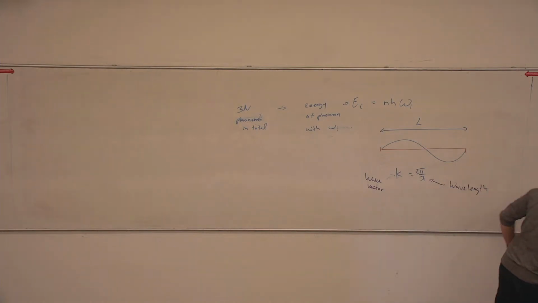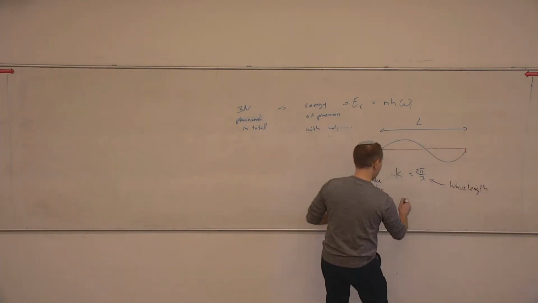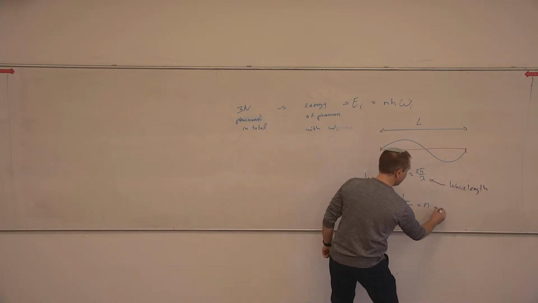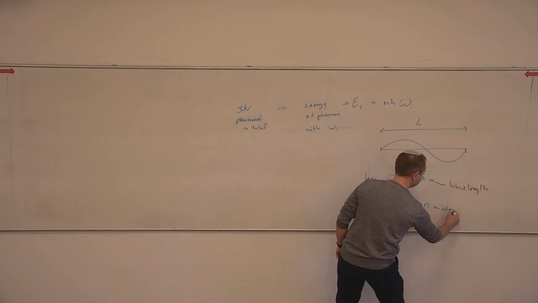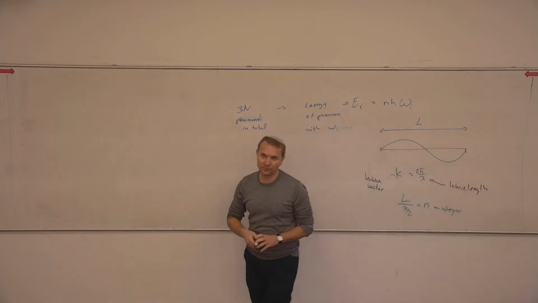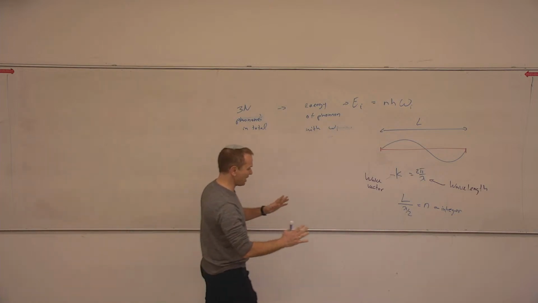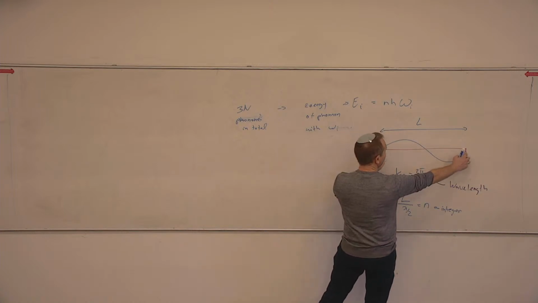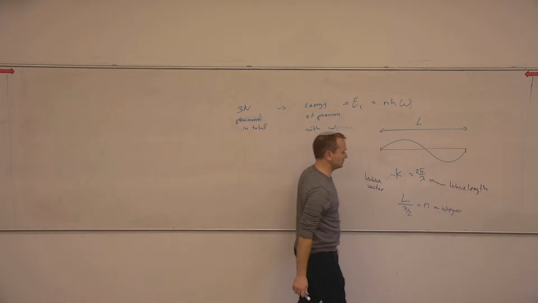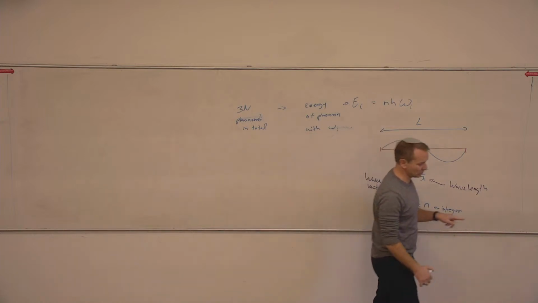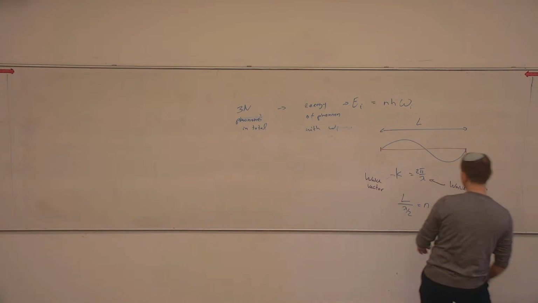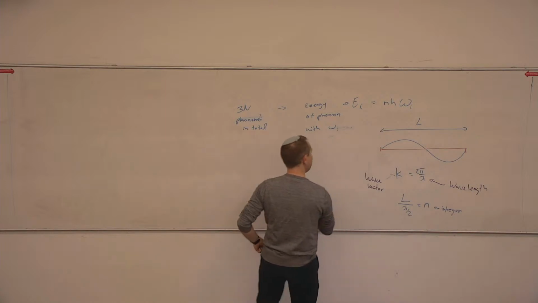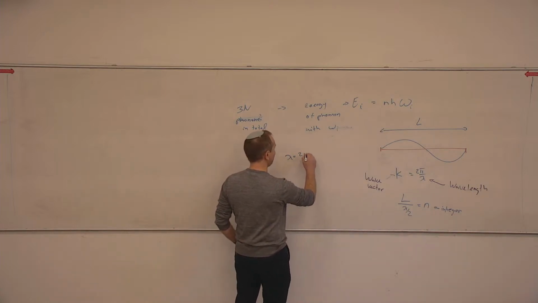Now, I know that L divided by lambda divided by 2 equals n, an integer. An integer number of half-wavelengths has to fit inside my material of length L. So here I have a connection between k, L, and n, right? Because I can write lambda as 2 pi divided by k.